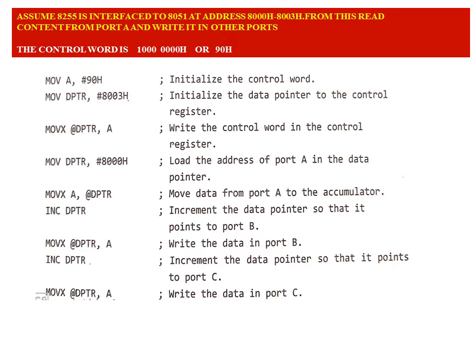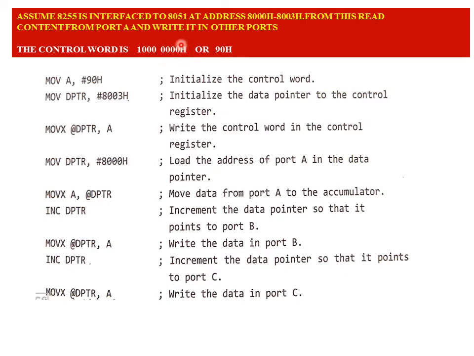Now check how that is going to be read and written by the 8051 through the 8255 interface unit. For that we must require a control word. The control word is given here: 90H, or 1000 0000.